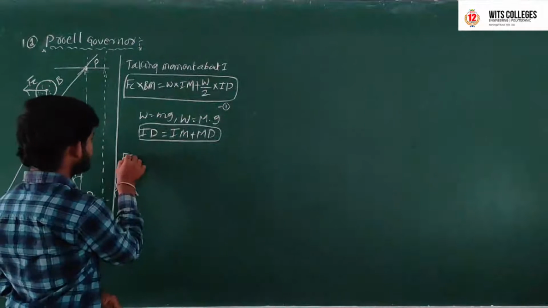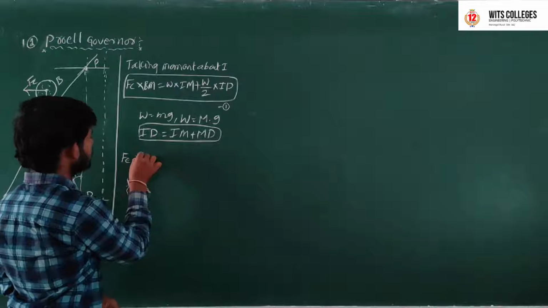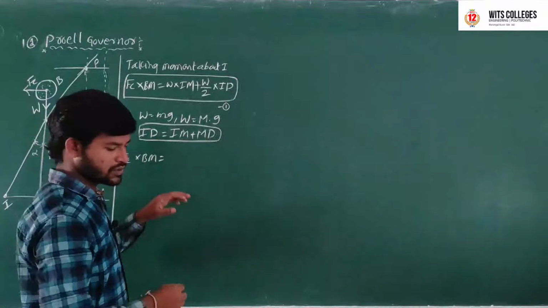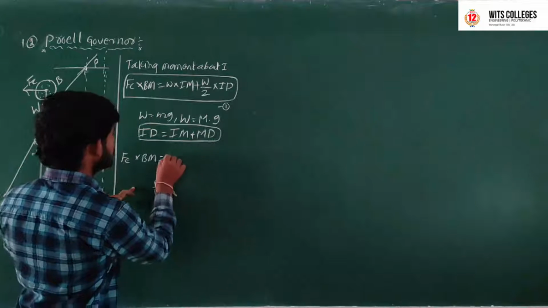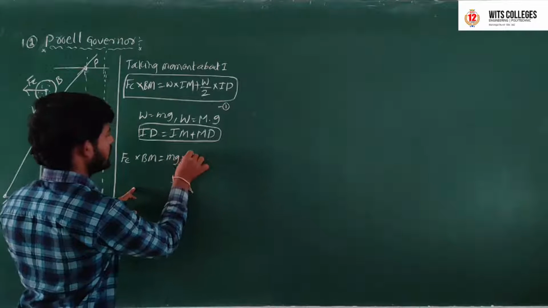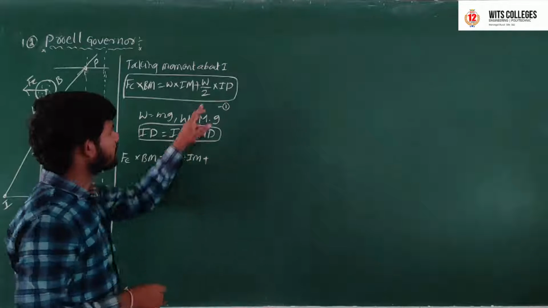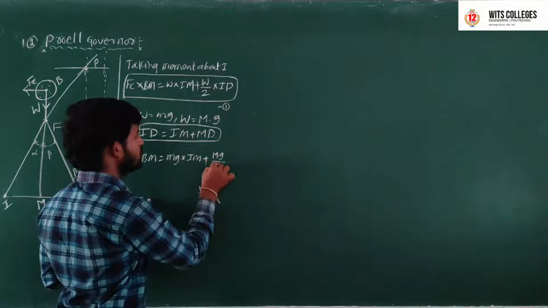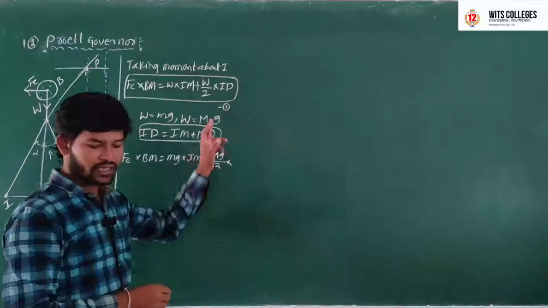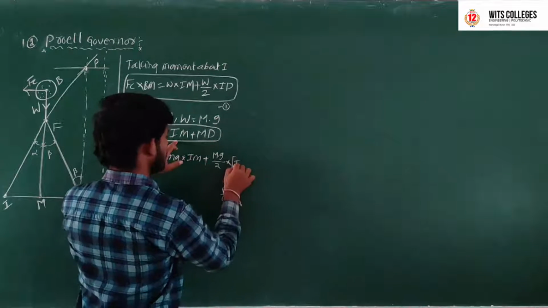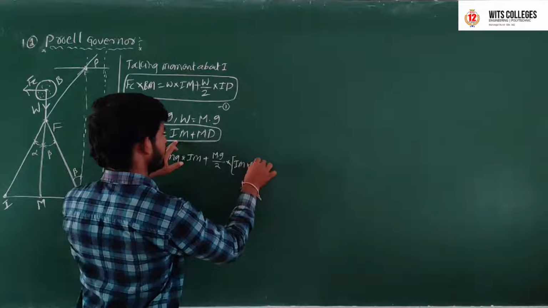FC into BM is equal to mg into IM plus capital Mg by 2 into ID, where ID is IM plus MD.